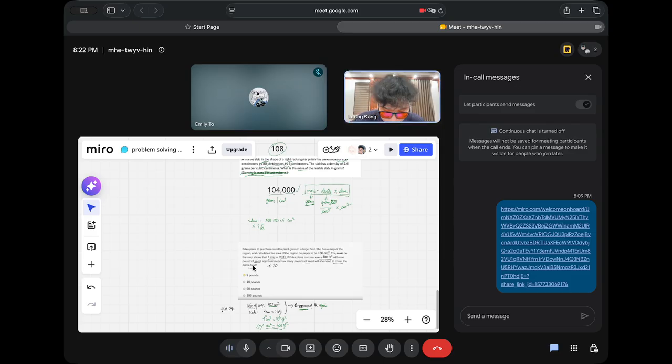So 1 centimeter square of the map represents 400 feet square in reality. So 100 centimeter square equals how many feet? That's a simple question.